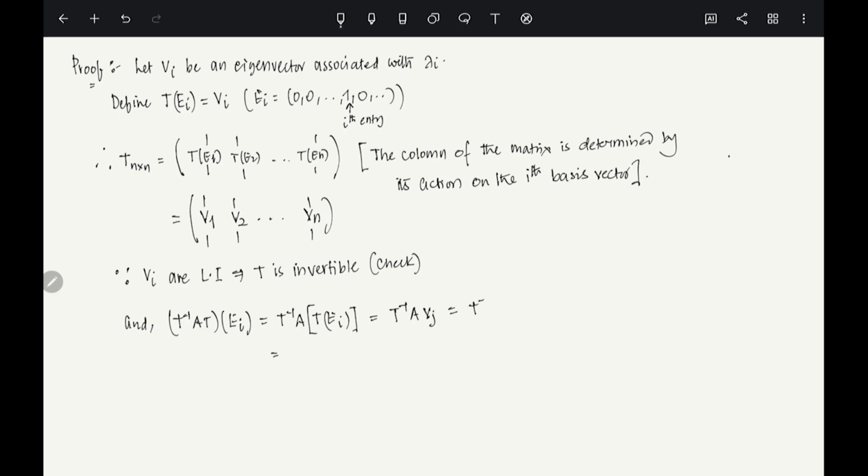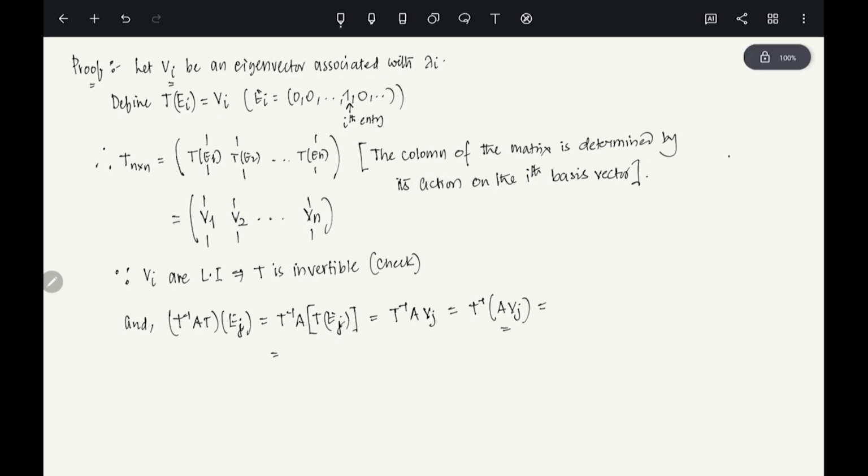What is A acting at Vj? Sorry, this is j here. Let us do it for j. It doesn't matter i or j, but anyway same. T of Ej is Vj, and Vj is the eigenvector associated with lambda j, right?